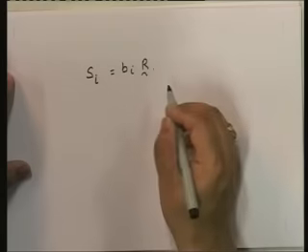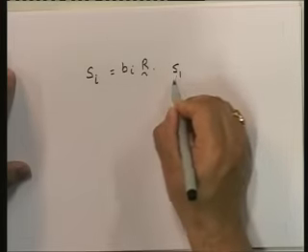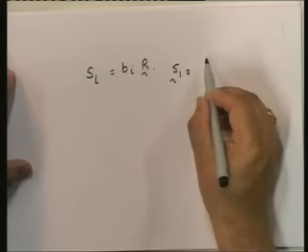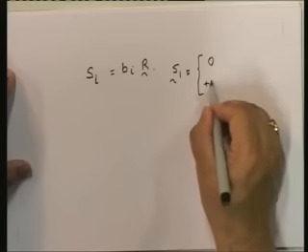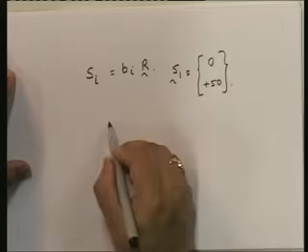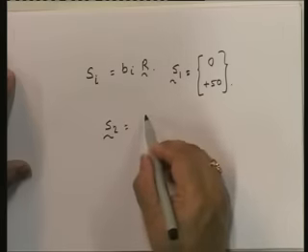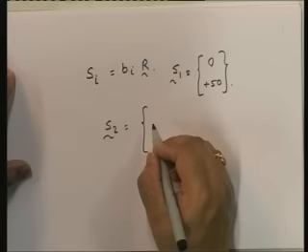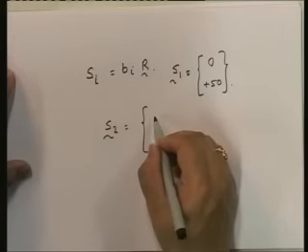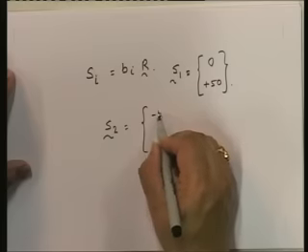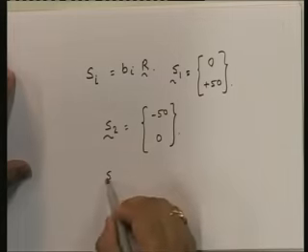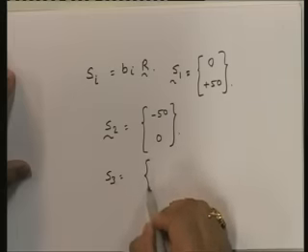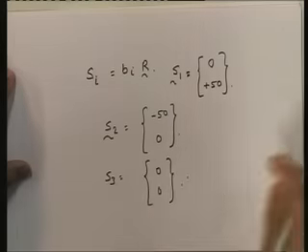If you put in, you will get S1 equal to 0, plus 50, S2 is equal to minus 50 and 0, S3 is equal to 0, 0.